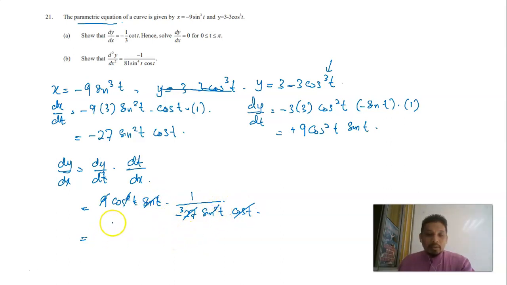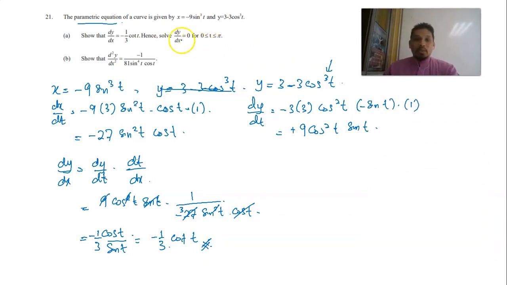So negative 1 over 3 cos t over sine t, which is cotangent t. There you go.